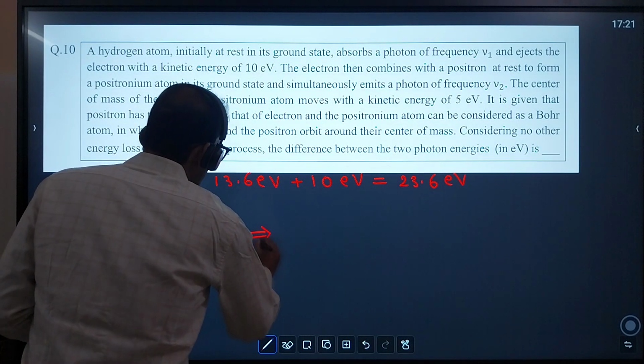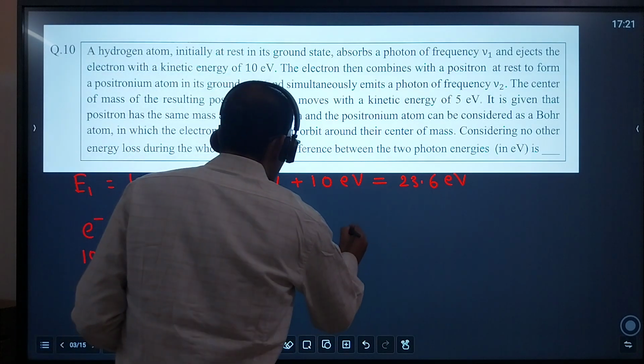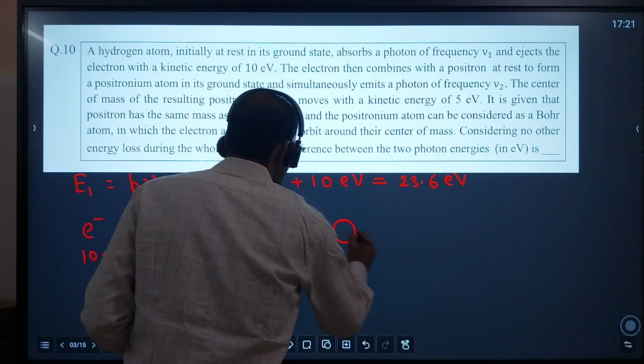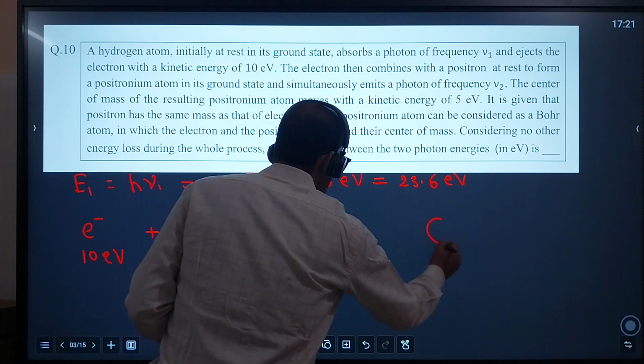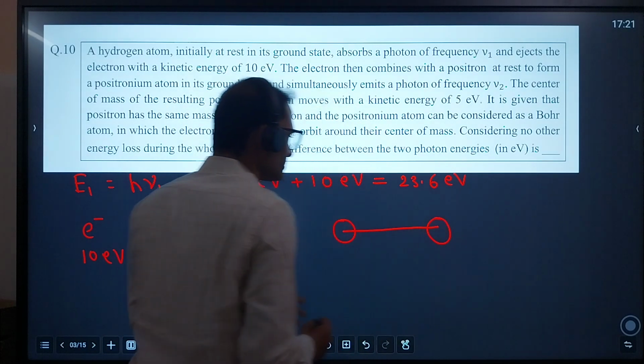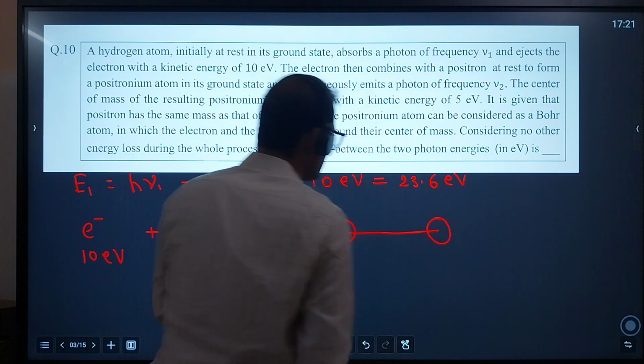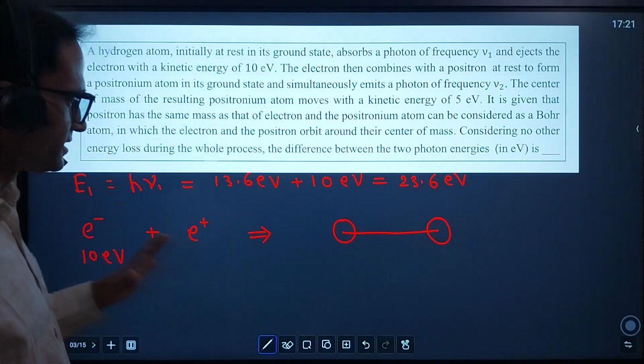We are getting a positronium ion, and let us combine it first. First of all, I want to say there is no string or rod here. I am just trying to show a bond. There is nothing in between.